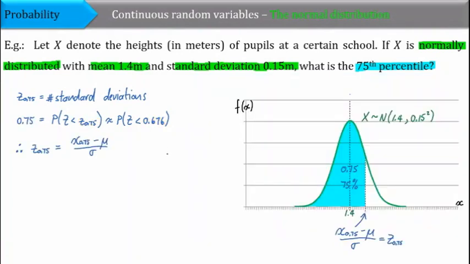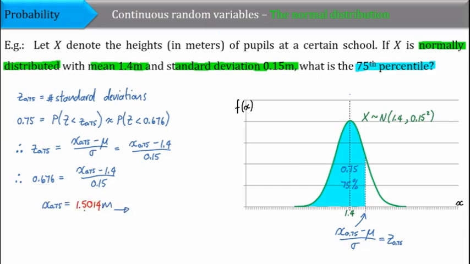So now that we have the z-score, we can work backwards to calculate the x value, which will be the cutoff point, in meters, which is the units that we require in our problem. So substituting all the values that we have, in our z-score calculation we need z, x, mu, and sigma, but x is the one that we want to calculate, so we'll substitute mu, which is 1.4, sigma, which is 0.15, and we'll equate that to our z-score, which is 0.676, and solving that we get 1.5014.